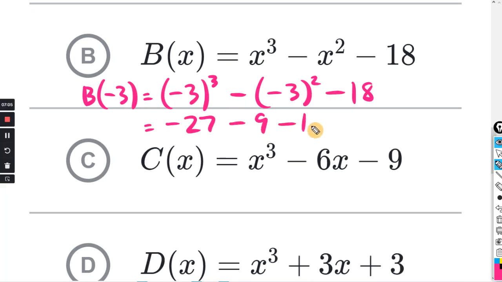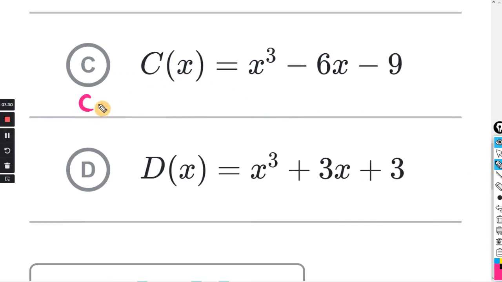And minus 18. These are all negatives, so it's definitely not 0. You don't even have to finish, but just for your information, this would be -54, if I'm not mistaken. I'm just doing this in my head. But these are all negatives, so there's no way it equals 0, so it's not answer B.